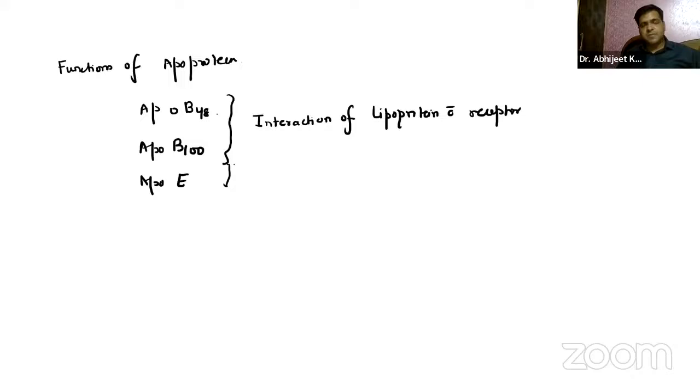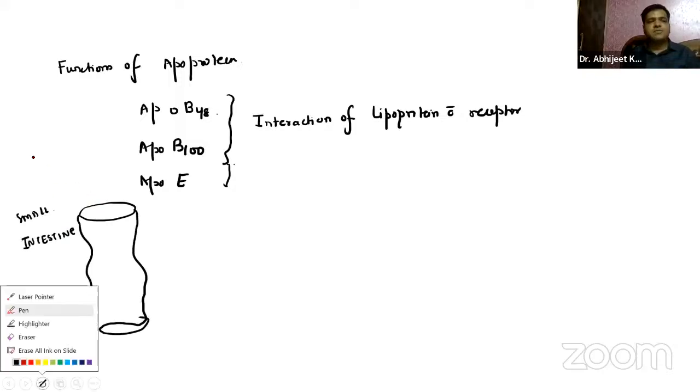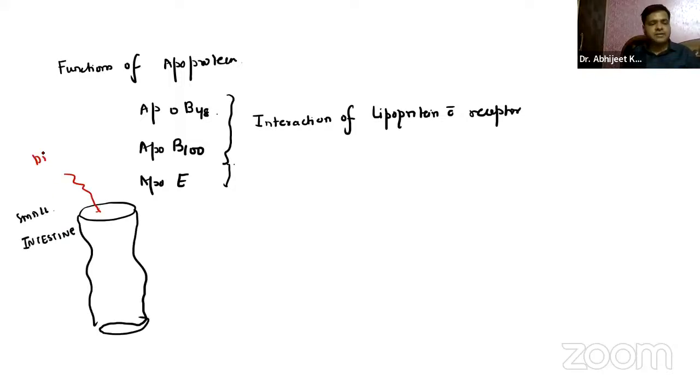For example, let us see over here. As usual, you are taking dietary fat, you are consuming oil, you're eating so much fat. Say the exogenous fat. Exogenous fat means this fat is coming from outside.